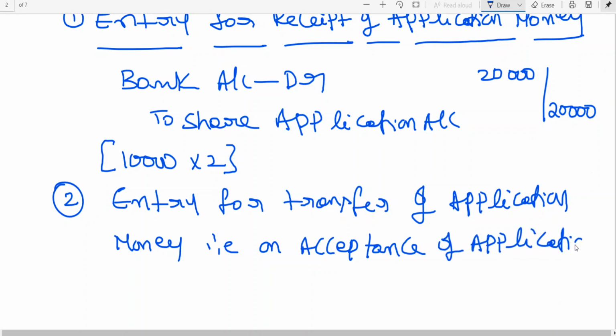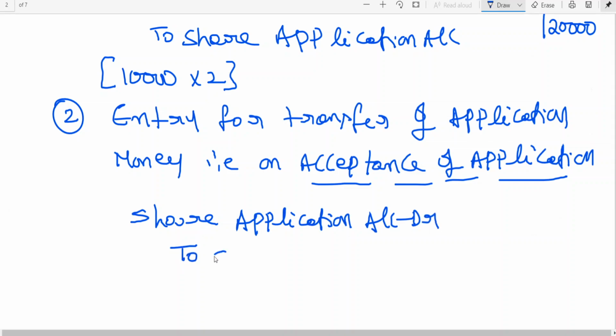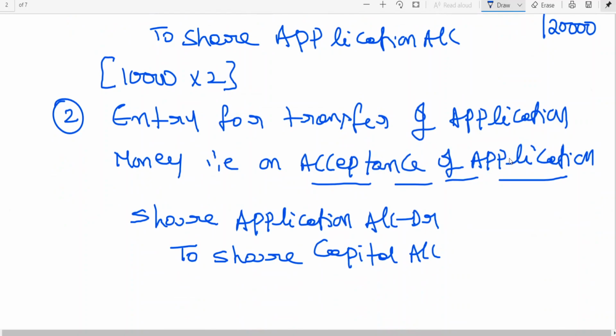Acceptance of application is nothing but shares have been allotted. Okay, the entry will be share application account debtor to share capital account. Share application to share capital 20,000.